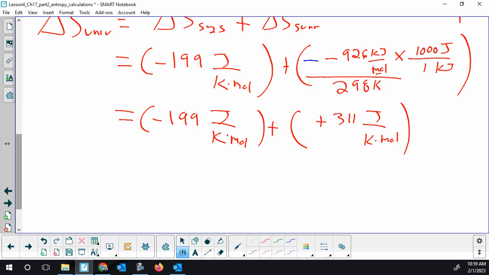No catalyst in the world is going to overcome the second law of thermodynamics and make something that's unfavorable happen. So a positive 112 joules per Kelvin per mole is the answer for the change in entropy.